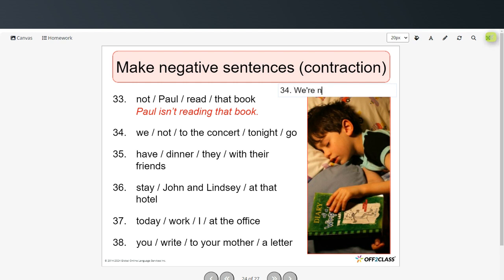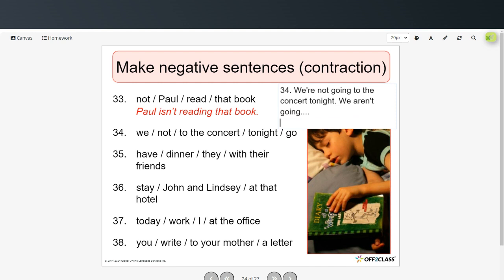So we're not going to the concert tonight, or we aren't going to the concert tonight. Have dinner they with their friends. So they're not having dinner, or they aren't having dinner.